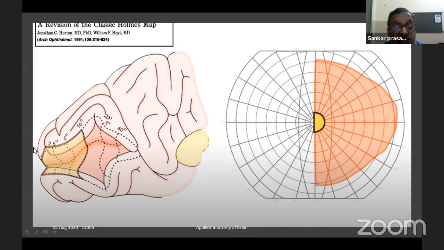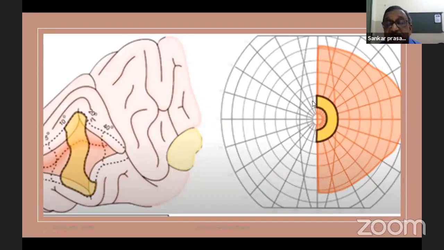If you look at this, the maximum, this is only at 10 degrees and it is represented almost more than half in the cortex. That means the acuity of vision, the central vision, which is important for human beings, takes a lot of place in the occipital cortex, and it has got a dual blood supply. So central vision is not lost in occipital cortical infarctions.